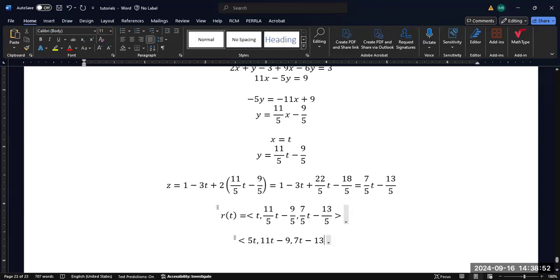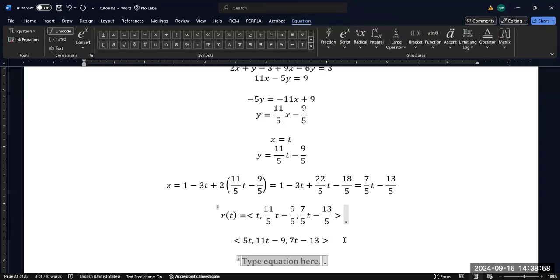Now, if I want to write this in symmetric form, remember the idea essentially with symmetric form is to solve all of these components for t and then write them in that form. So if we solve x equals 5t for t, I'm going to get x over 5 equals t.